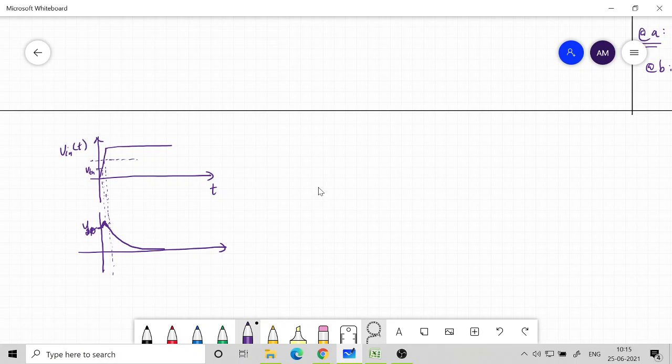Until then there could be a hike in the voltage, above the power supply voltage. That's because of the coupling between input and output through the gate capacitance. So that you can see.